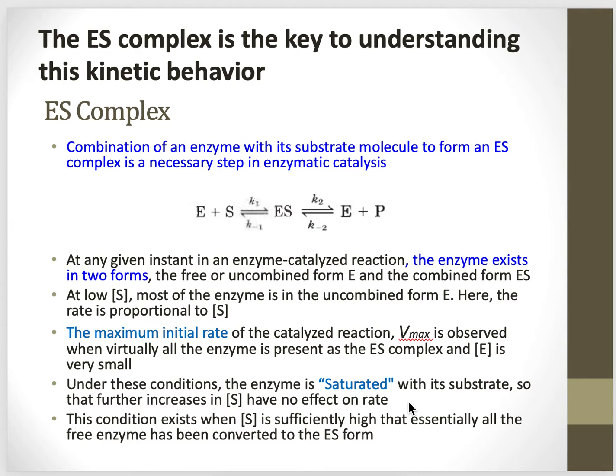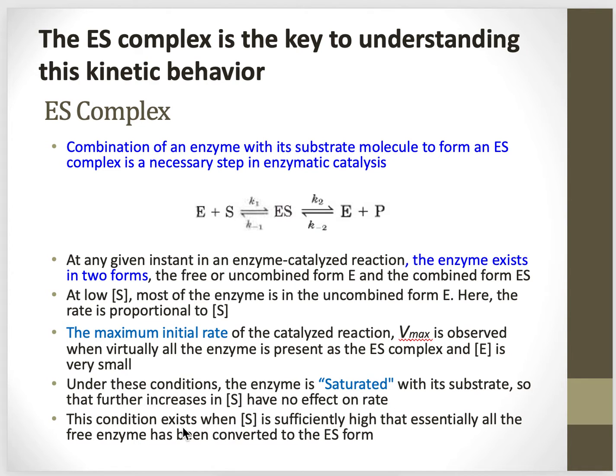It's a saturated condition for the enzyme, and all the enzymes are bound with the substrate. So even if we add more substrate, there is no enzyme to bind to. That's why in these conditions, even if we increase the substrate, it will have no effect on the reaction rate.